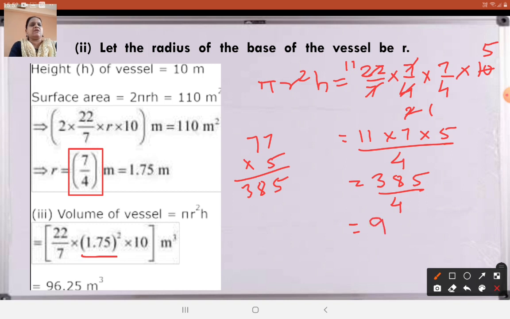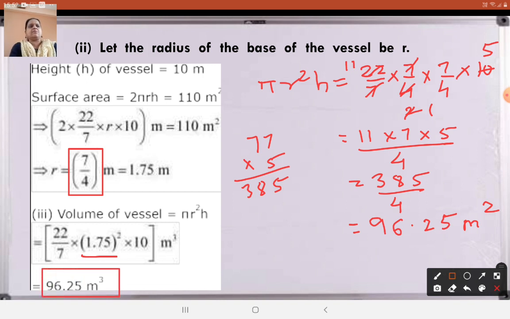So it will become 25. Then 4 6s are 24, point. Then what is left? 1. So it will become 10. 4 2s are 8 and then 4 5s are 20. So you will get the answer as 96.25 meter cube.